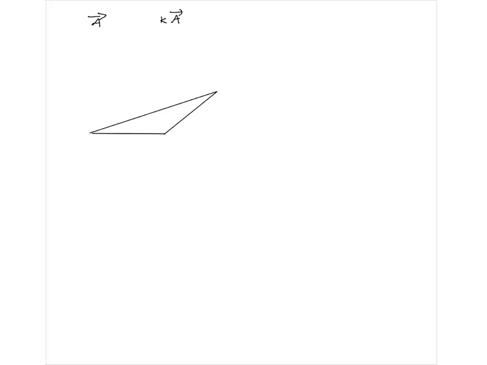If two vectors represent two sides of a triangle in this manner, so that the terminal of this meets the initial of this, then this vector represents their sum. That's the definition of the triangle law.